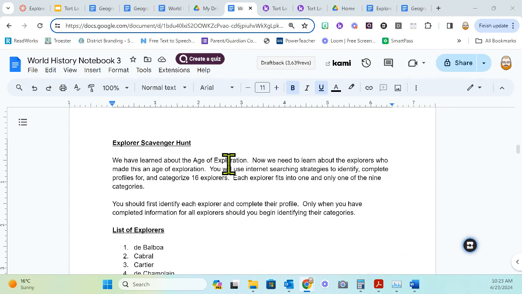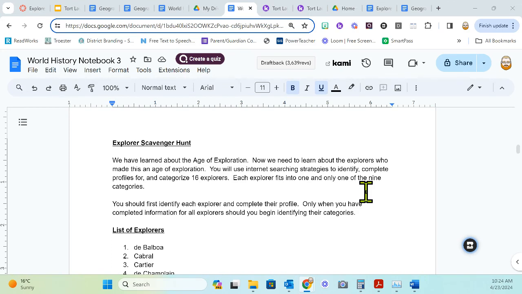You are going to use internet searching strategies to help you. That was traditionally how I set up this assignment. But I am also going to provide you with explorer profiles that you can read and use to complete the assignment.